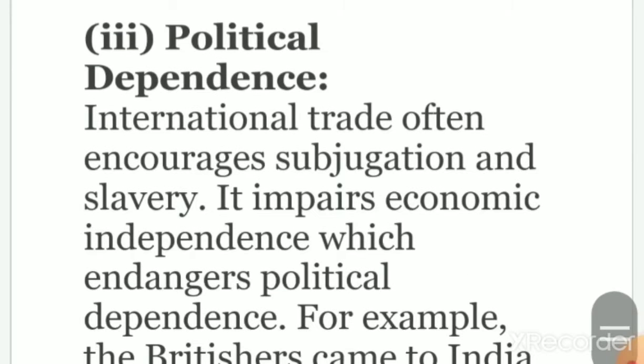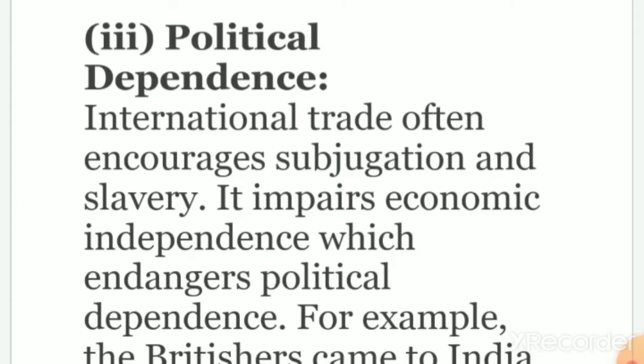Similarly, the third point is political dependence. Remember, when our imports depend on the rest of the world, they will politically intervene in the domestic economy. The rest of the world will change the political situations in the domestic economy, which is bad for democracy.